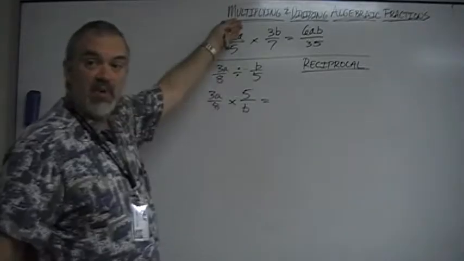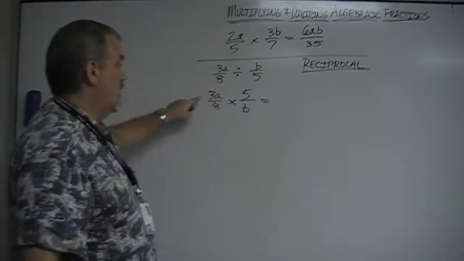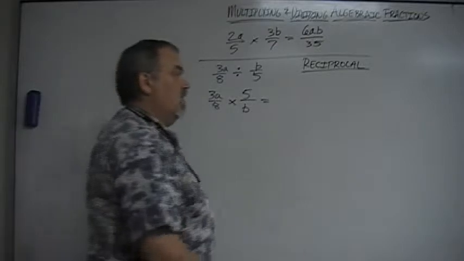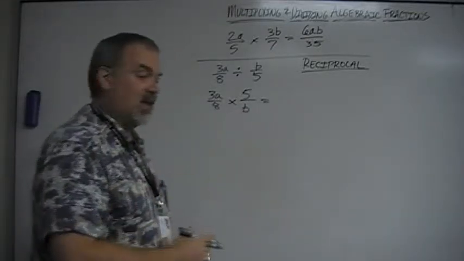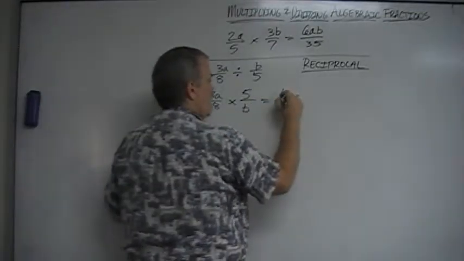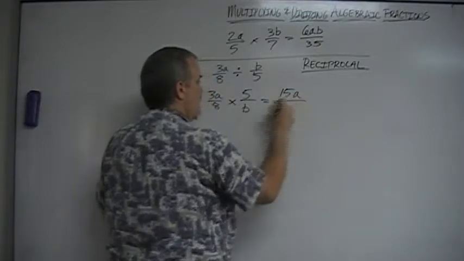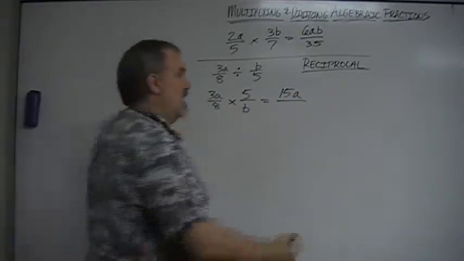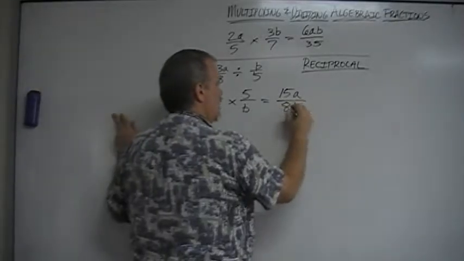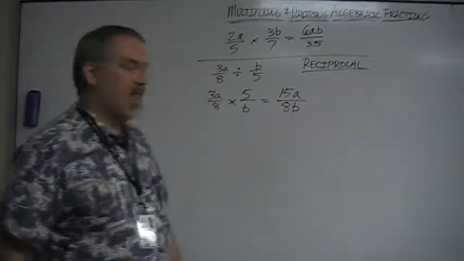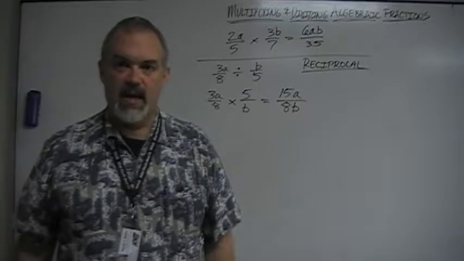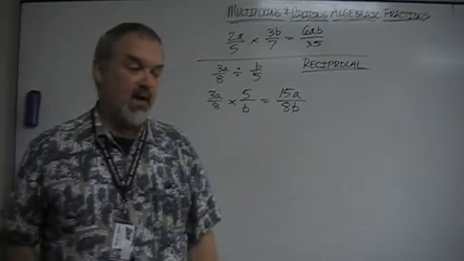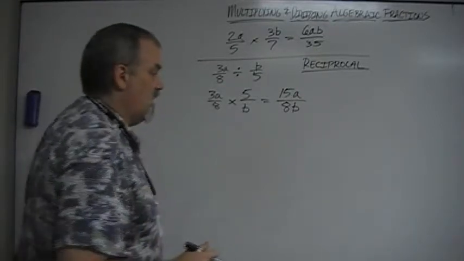And then we're just multiplying like we were up here. 3a times 5. We multiply the numbers, collect the letters. 3 times 5, 15. a. On the bottom, the same thing. Multiply the numbers, not much multiplying there to do. 8. And collect the letters, and we're done. 15a over 8b.